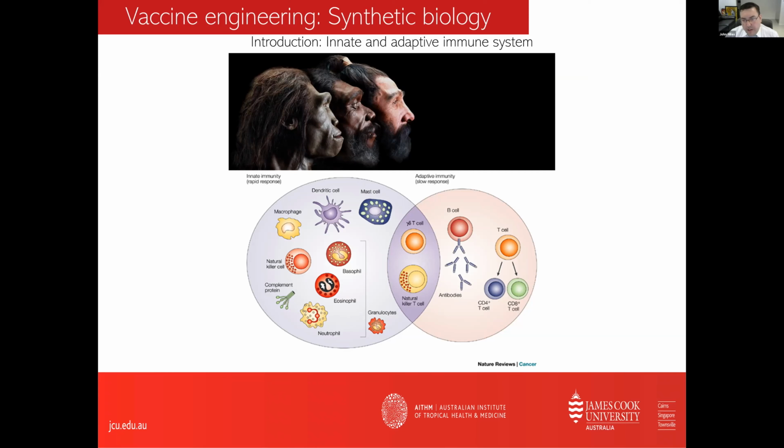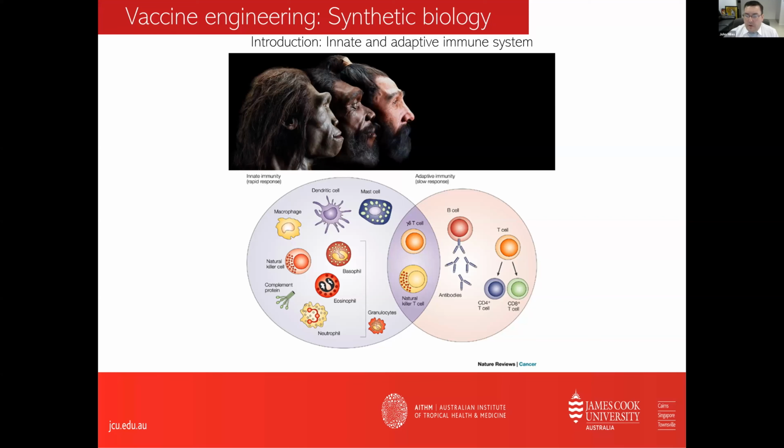And then you have the adaptive response, which takes about 5 days to kick in. And that's comprised of B cells and T cells. But they have a better memory than you have. I've read papers with B cells and T cells having memories of up to 110 years.